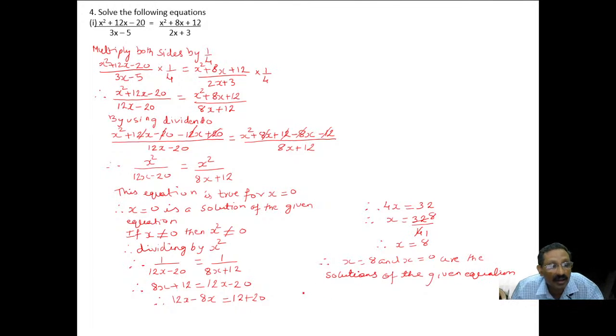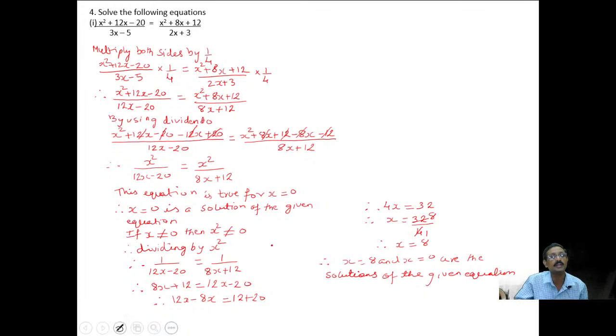So this is the solution of the given equation which we got. So if you look at these solutions, we get all these solutions, right? Let us move to the next one and see what happens.